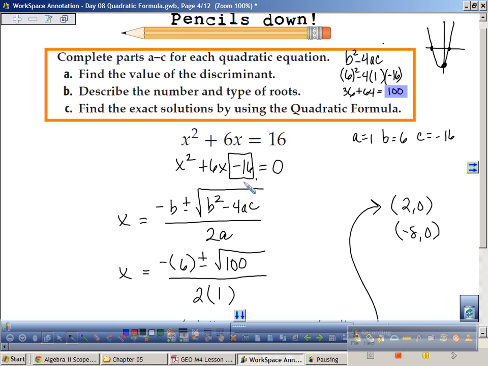That's where the y was. Negative 16, because if I plug in 0, 0 squared plus 6 times 0 minus 16, I get negative 16. That gives me 0, negative 16. See how the y-intercept has 0 as the x? Make sense?